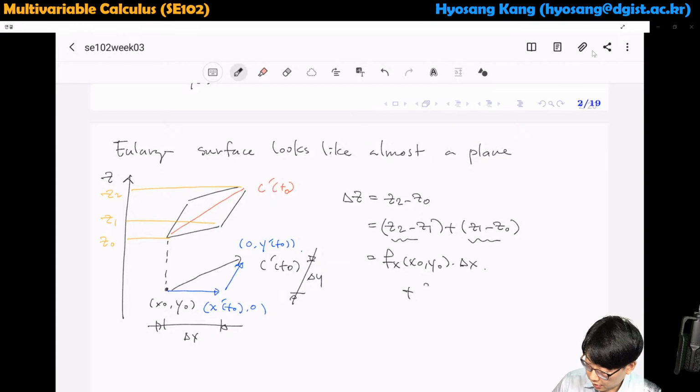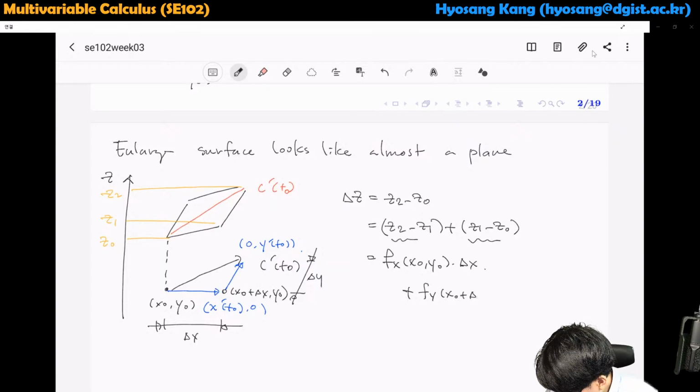So that's the ratio between the difference of z and difference of y is the partial derivative of f with respect to y at that point. But here we are starting with this point, which is x0 plus delta x comma y0. So we slightly change our point and then multiply with delta y, right?